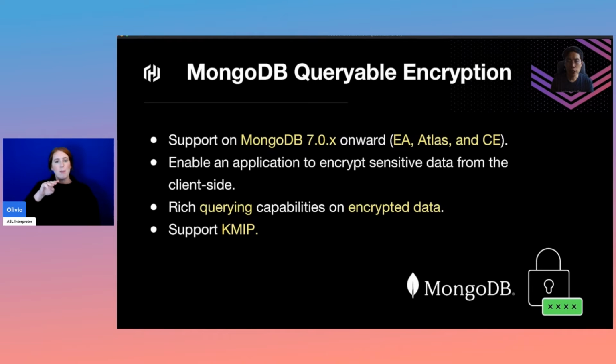MongoDB queryable encryption is supported on MongoDB version 7 onward, to encrypt data that you don't want anyone to see. For example, if you run a query, you cannot see some attributes that are encrypted. We have a demo for that.